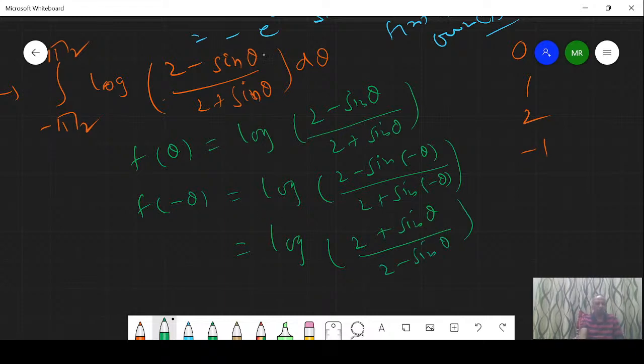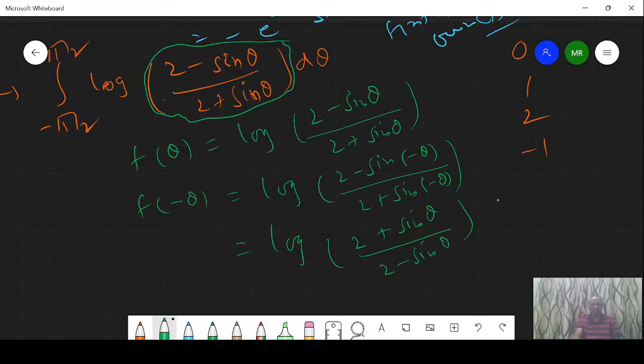Compare this one with the original: they are reciprocals. Just as an example, suppose they give log of a by b; I can write the reverse as well. Here the function is log of (2 plus sine theta) by (2 minus sine theta).